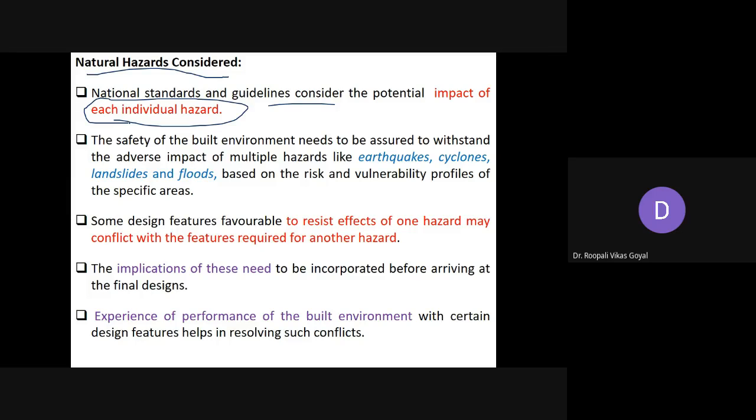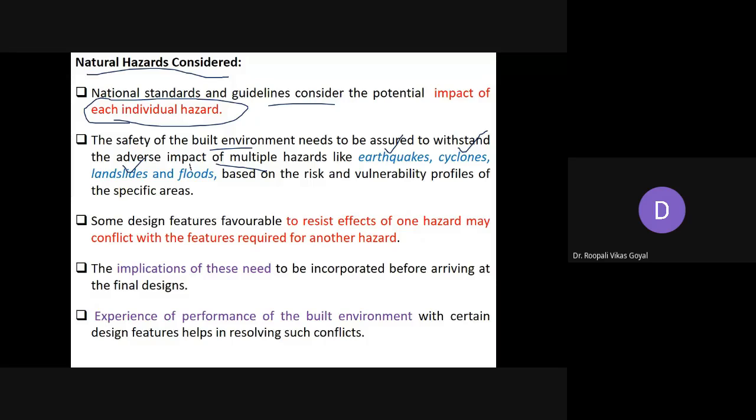You have to find out that if this is the area in which you are having certain civic amenities or any infrastructure project, then you have to separately consider each and every individual hazard which is possible. So the safety of the built environment needs to be assured to withstand the adverse impact of multiple hazards. Okay, whether it is safe against earthquake, whether it is safe against cyclone, whether it is safe against landslide, whether it is safe against flood.